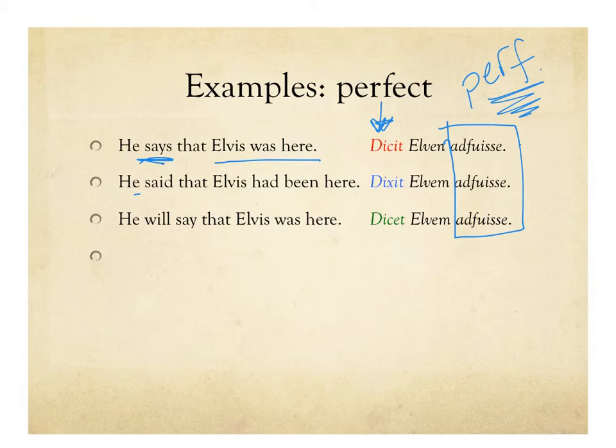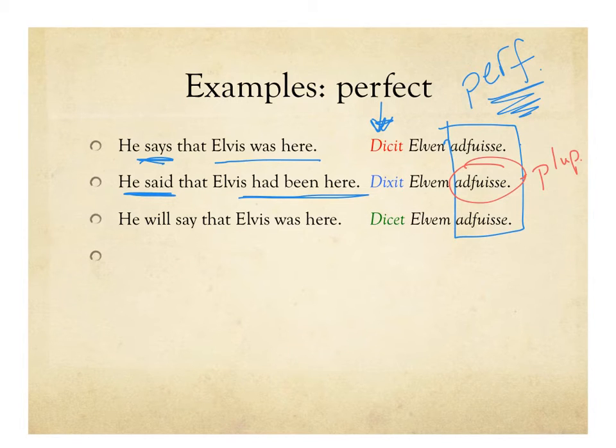He said yesterday that Elvis had been here. Dixit Elvem adfuisse. Because this action has to happen first, and this is already in the perfect, to get this further in the past, we have to translate it as a pluperfect, right? To get it back really far.